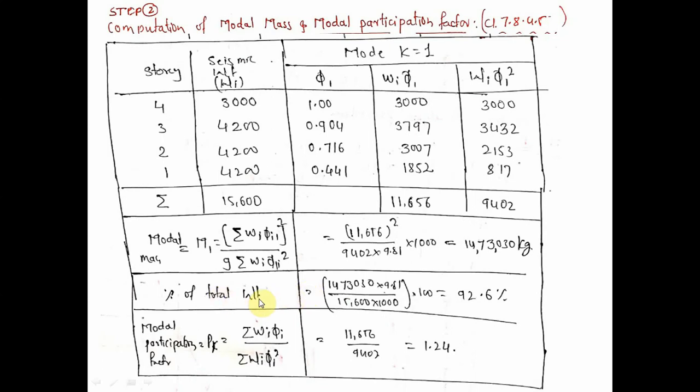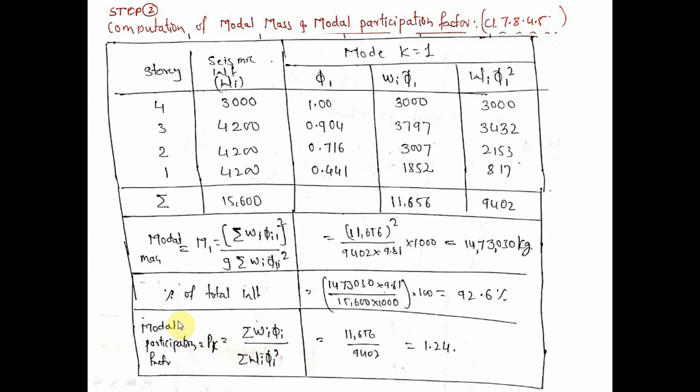This percentage of total weight is given by modal mass M1, 14,73,030, divided by summation W, that is the summation of seismic weight 15,600 into 1000, converted into newtons. 14,73,030 into 9.81, because I am converting kg into newtons; 1 kg is equal to 9.81 newtons. So kg into newtons divided by summation W into 100 gives me the percentage. So 92.6% of the mass is participating under mode 1.